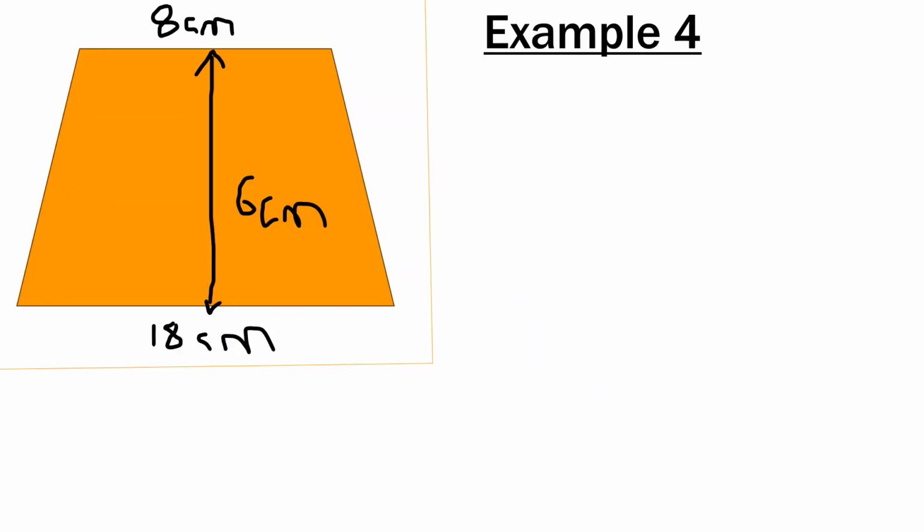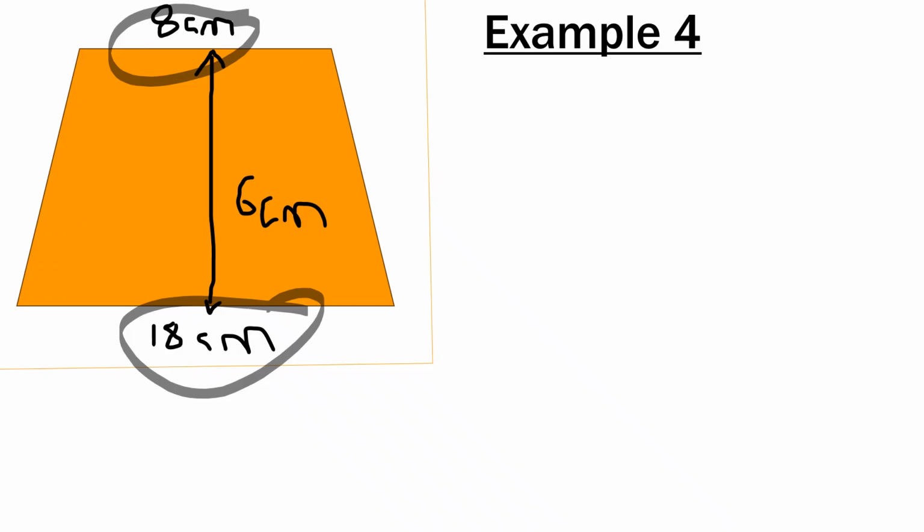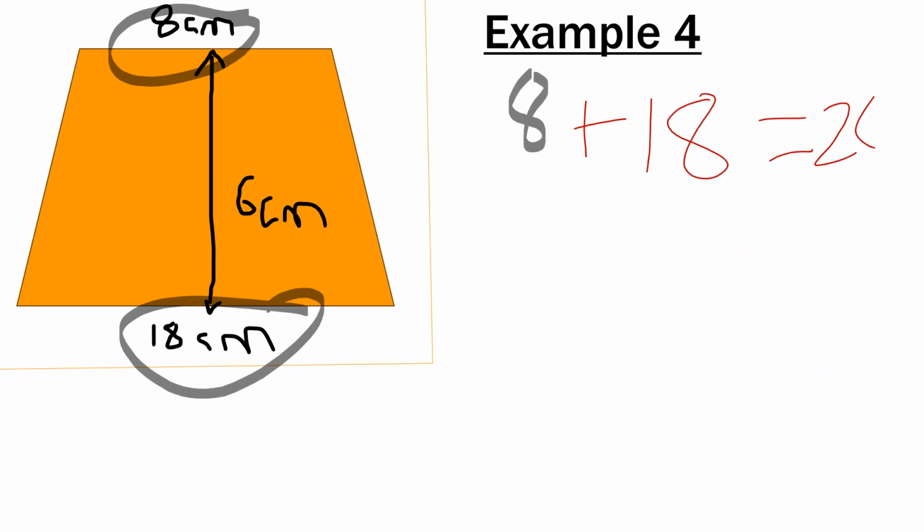We'll add up these 2 units now. The 2 units that we are going to add up are 8 and 18. So we have to do 8 add 18 equals 26. Now we have to divide 26 by 2.